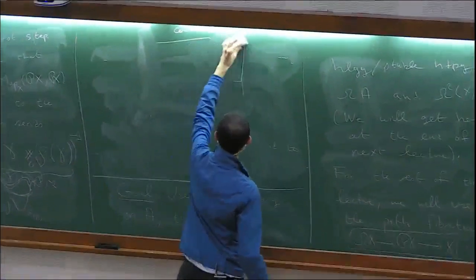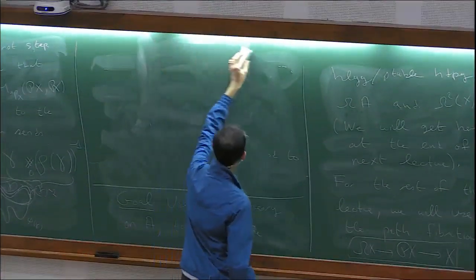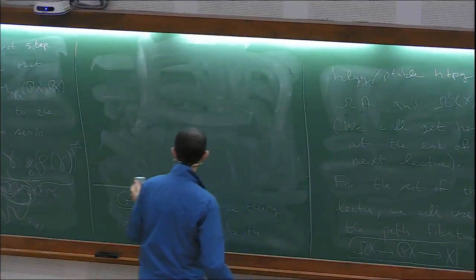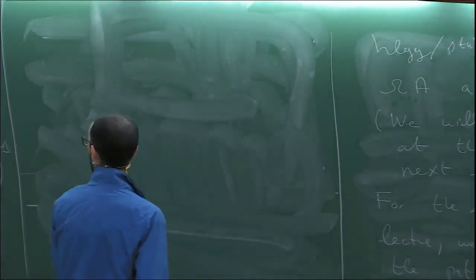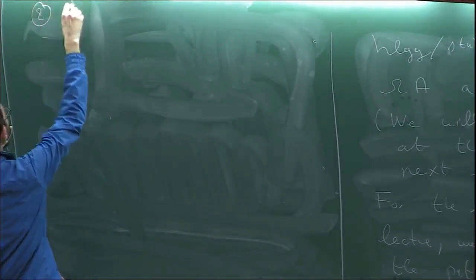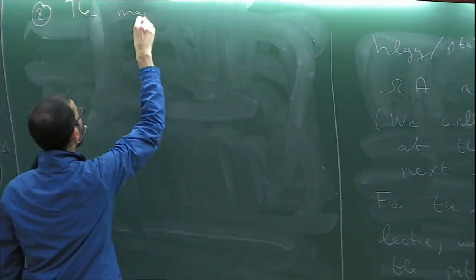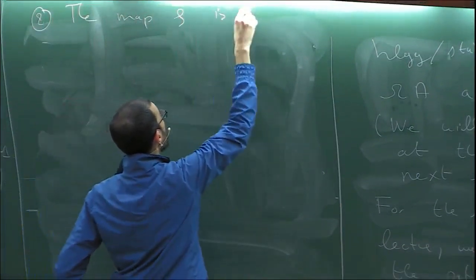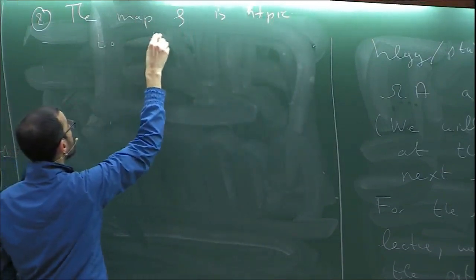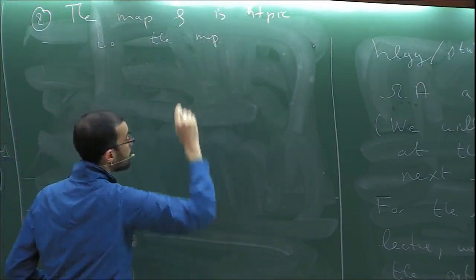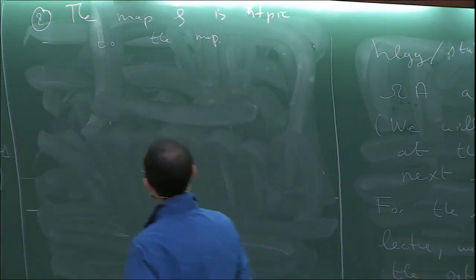And step two is, we just have to analyze this map rho. That's all we have to do. Okay. Two, the map rho is homotopic to the map. Well, let me just write it.